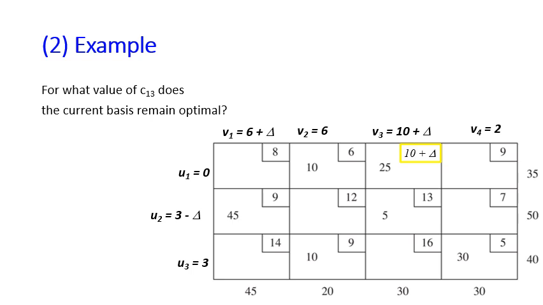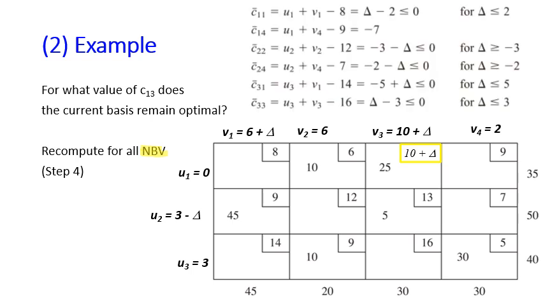In step 4, it says that we need to recompute the c hat for all non-basic variables. So the procedure is still the same. After you compute the u's and the v's, you go to step 4, which is checking all non-basic variables. Calculate the new c hat for all non-basic variables.